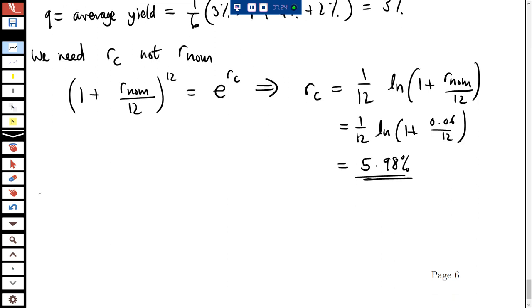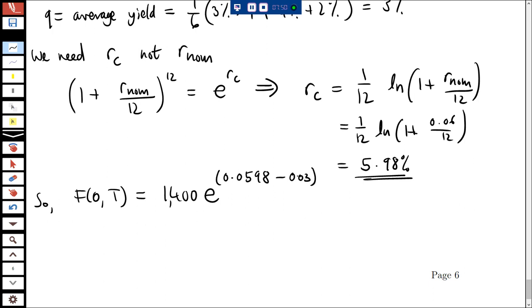Okay, so now I've got all the numbers. I can now calculate the theoretical value, which is equal to 1,400 e to the power of this risk-free rate, 5.98%, take away the average yield, which was 3%, times T, the length of the forward in years.